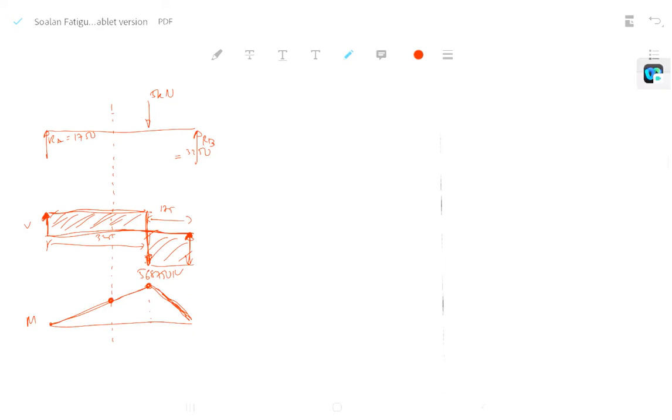How to find this value? Because we have identical rectangular triangles, this distance we know, and we also know this distance. This is one of the methods. Let's try this one first.